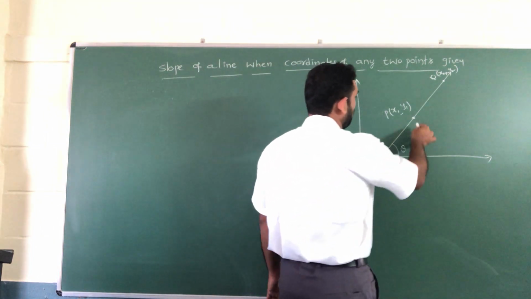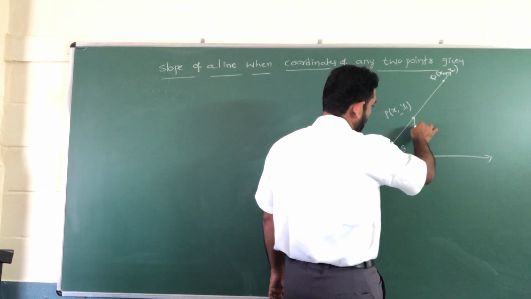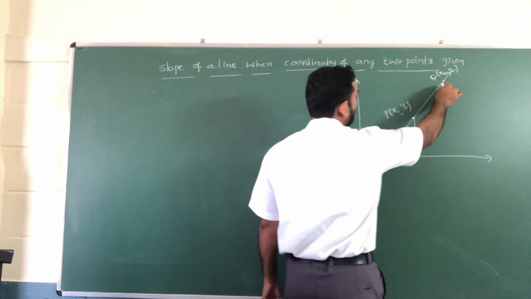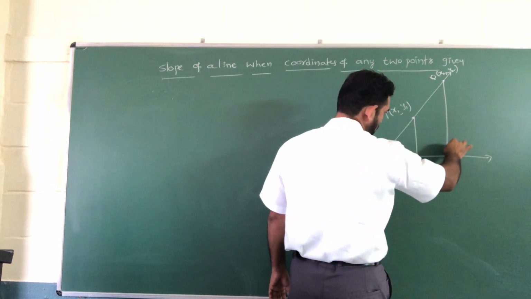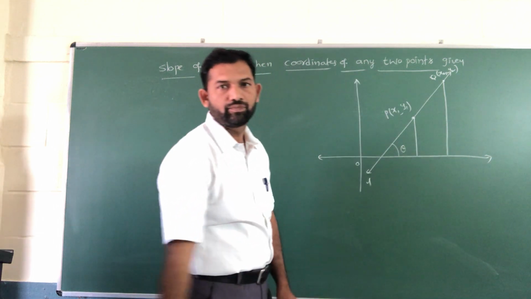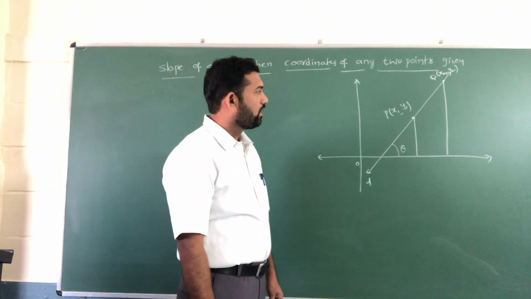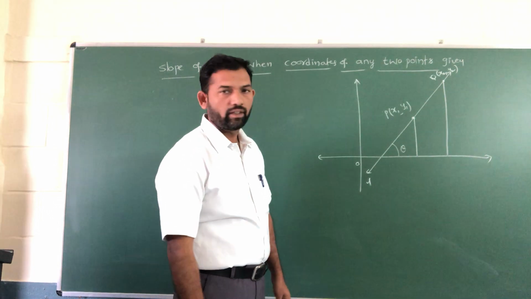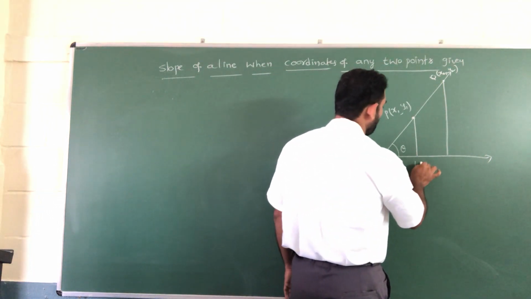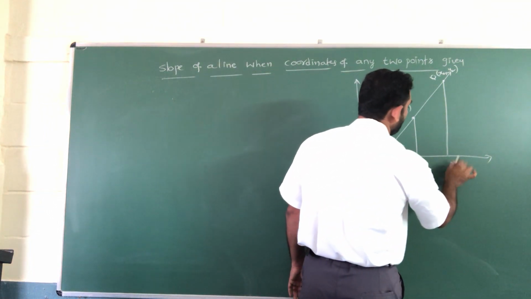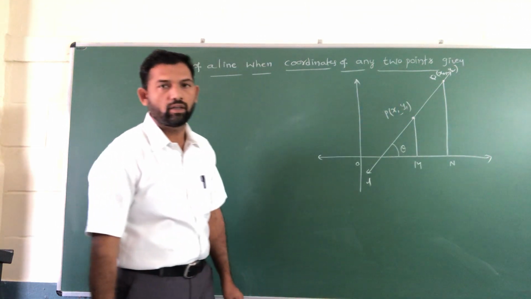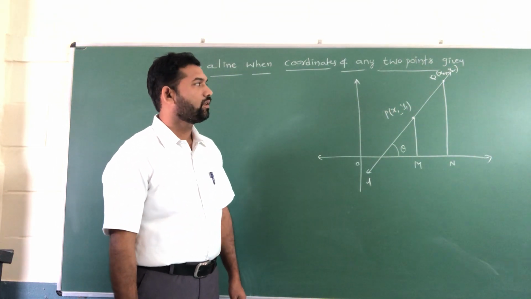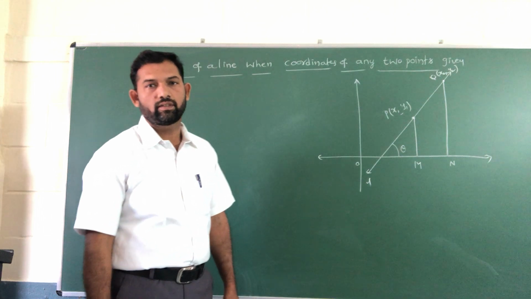Now draw two perpendiculars from P and Q on the x-axis. This is PM, this is QN. Draw two perpendiculars PM and QN on the x-axis.